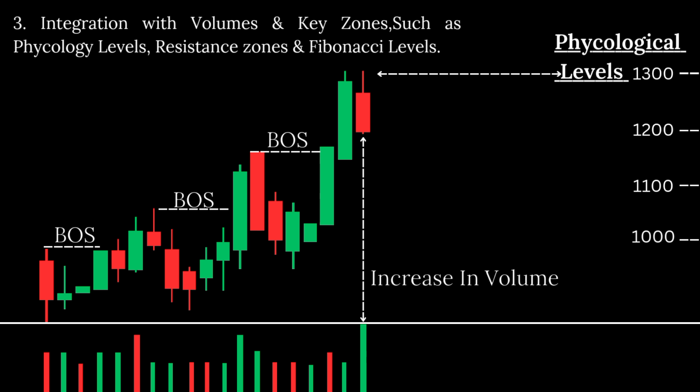The integration of the Tweezer top candlestick pattern with volume analysis and key zones, such as psychological levels, e.g. round numbers like 1.1300 in EUR/USD, resistance zones where prior price action has stalled, and Fibonacci levels, e.g. 61.8% or 78.6% retracements, significantly enhances its reliability as a bearish reversal signal by aligning the pattern with critical market turning points, while volume spikes during the second, bearish candle confirm the presence of strong institutional activity or heightened selling pressure, indicating a more decisive rejection of higher prices and an imminent trend reversal.